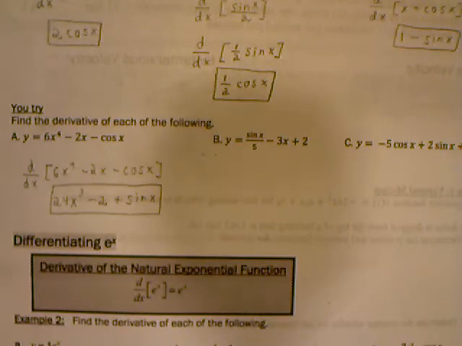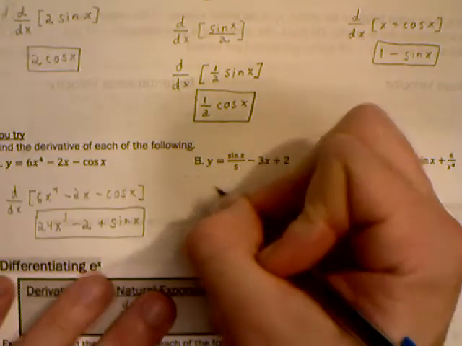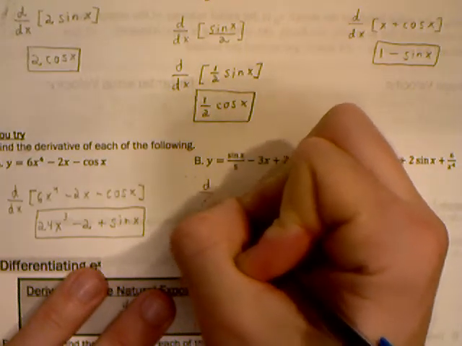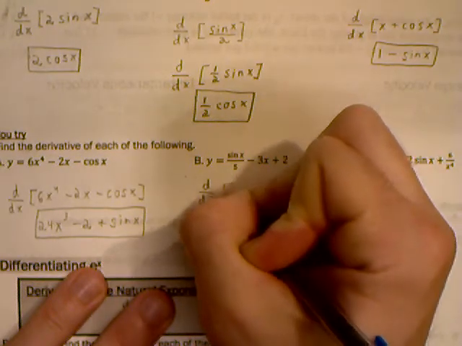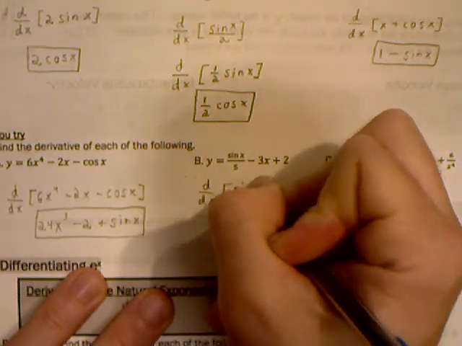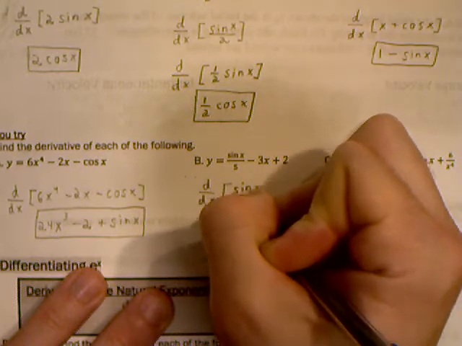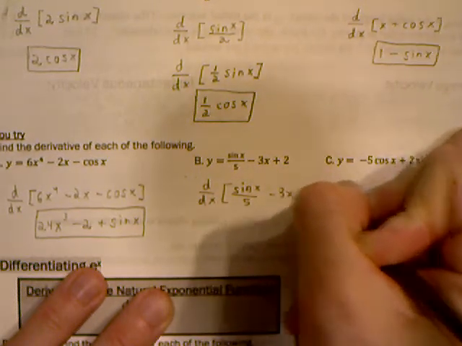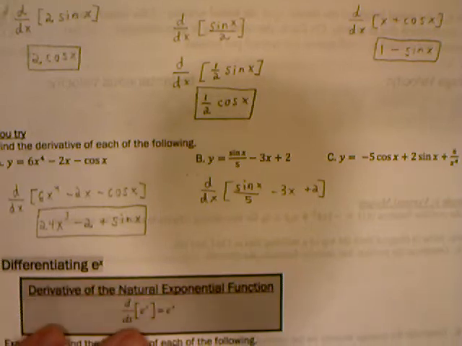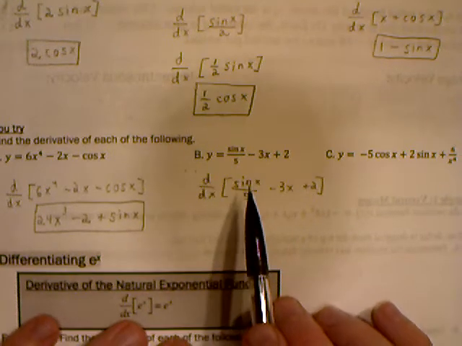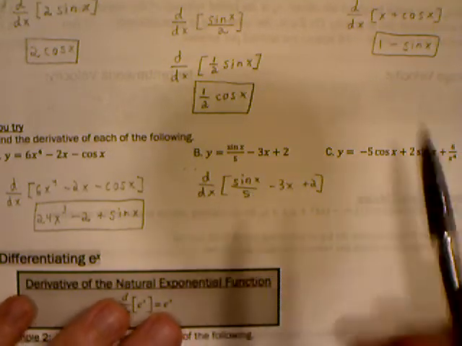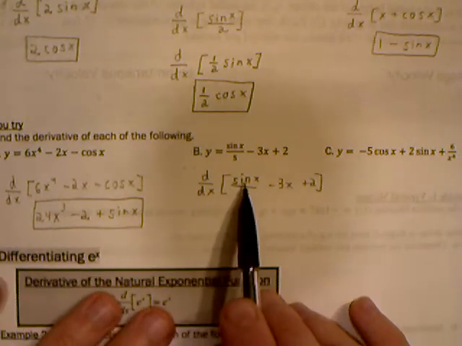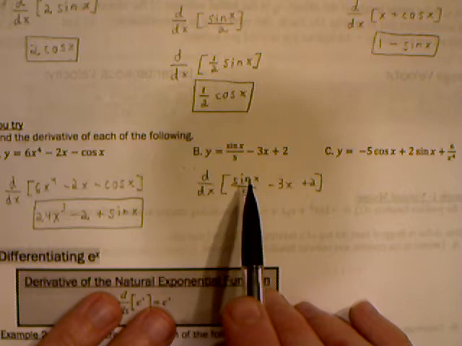Alright, next. Let's take the derivative with respect to x of sine x all over 5 minus 3x plus 2. Alright. Well, kind of like we said before, this is the same thing as 1/5 sine x. When I take the derivative of sine x, I get cosine x.